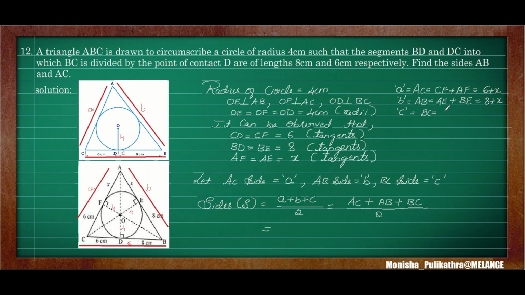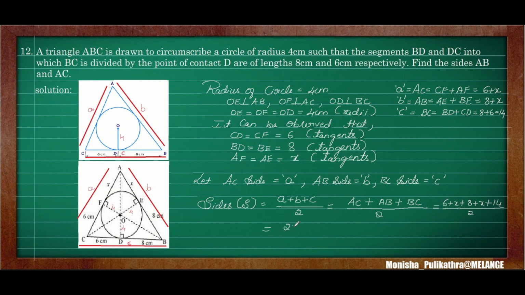BC is equal to BD plus CD, so 8 plus 6 is 14. These are the values for a, b and c. AC is 6 plus x, AB is 8 plus x, and BC is 14, whole divided by 2. So 8 plus 6 is 14, 14 plus 14 is 28.